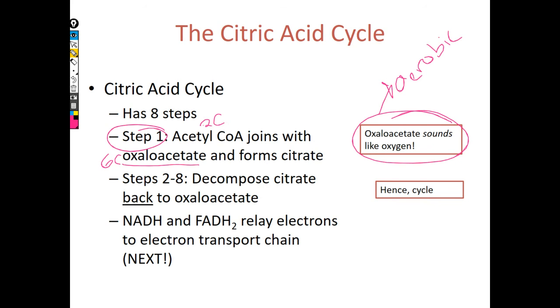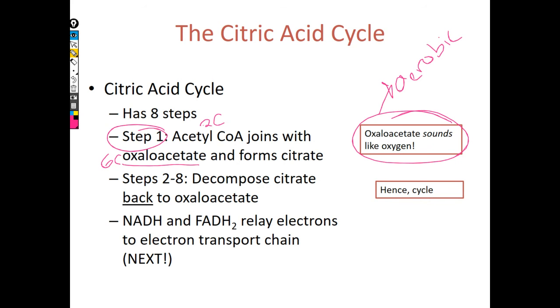If we don't have oxygen floating around in the cell, we can't make oxaloacetate. If we don't have oxaloacetate, we're missing a key piece of our citric acid cycle. That's one of the reasons that this is an aerobic process.